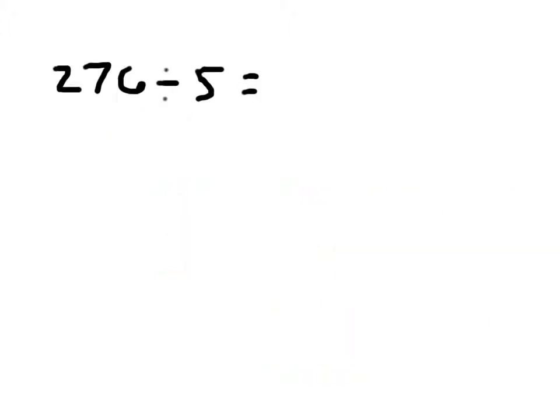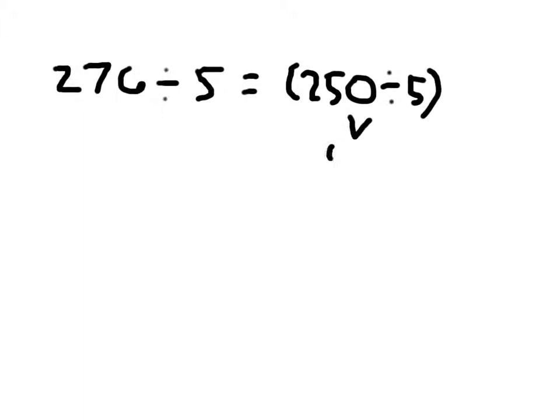Remember, we don't always have to use the same approach. In those previous two examples, I was showing you that we would break this apart into 200 plus 70 plus 6. If we see another way to break apart 276, we might say, oh wait, we know that 250 divided by 5 is an easy fact to figure out.